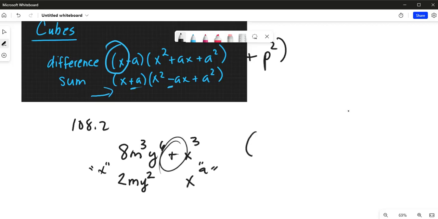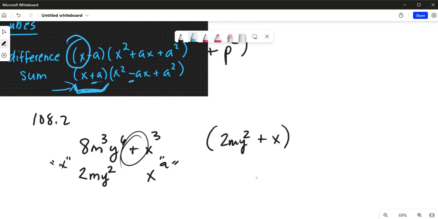So we're going to do 2my squared plus x as our first factor right here. And then x squared. So 2 squared is 4, m squared is m squared, and y squared is y to the 4th power.